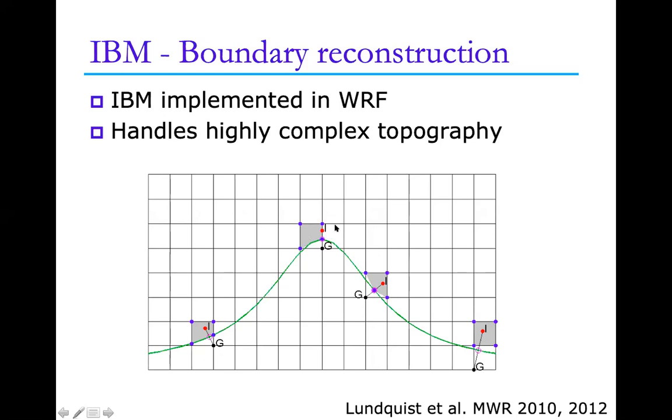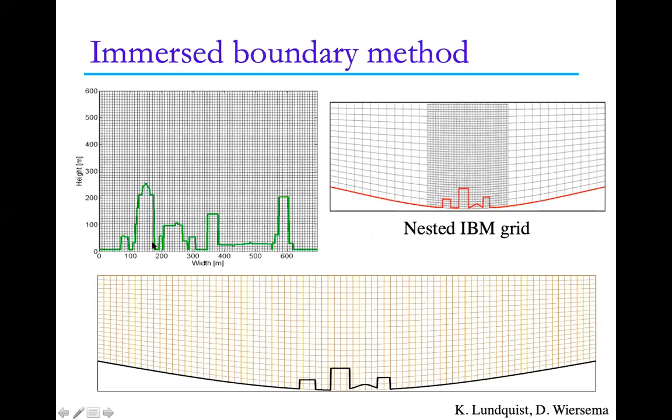This is one example that's shown here using ghost cells, and there's other ways using velocity reconstruction that we've been testing in WRF. And this allows WRF to handle very highly complex topography. Even if the terrain slope approaches 90 degrees, like for buildings, you can represent this using the immersed boundary method.